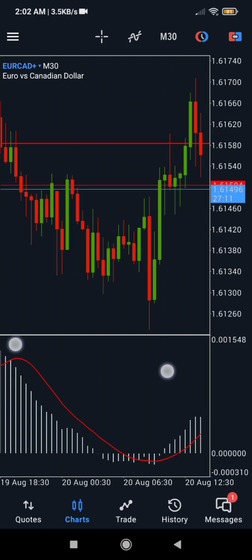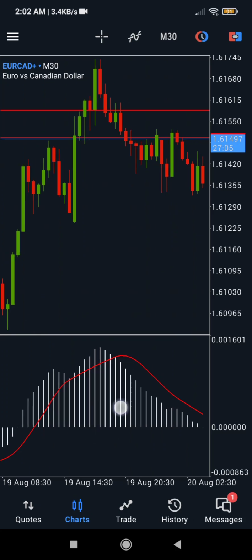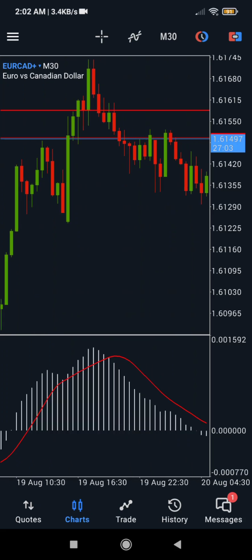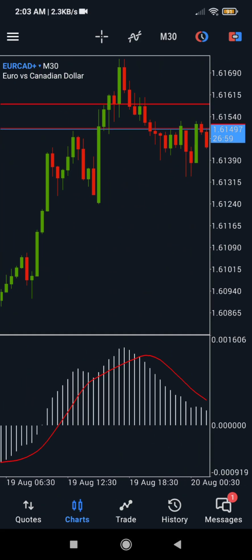If you enlarge it, you can see the histograms. They have vertical bars, and the red line is our signal line. These are very important. I am going to show you how to use them and the kind of strategy that you will use for your MACD histogram.